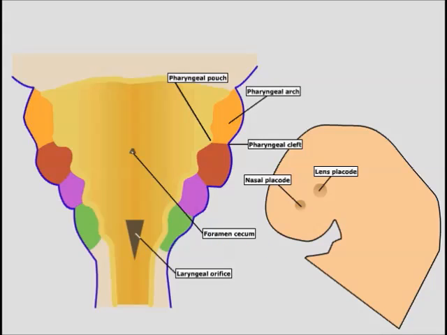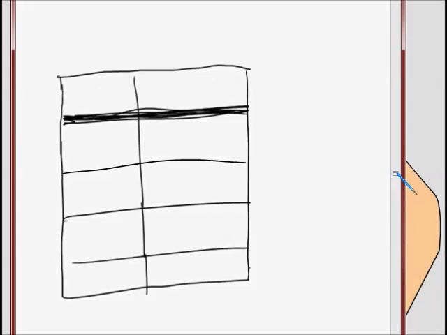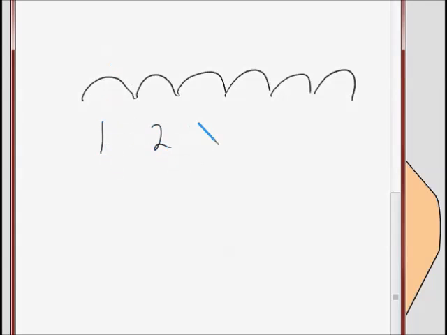If you want to see it, I'll draw it real quick. Not that drawing, that's for a little bit later. Let's say you just have your pharyngeal arches 1, 2, 3, 4, 5, and 6. Label them for simplicity. What you're looking at right here, 1, 2, 3, 4 stay.